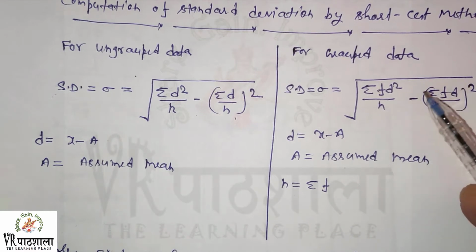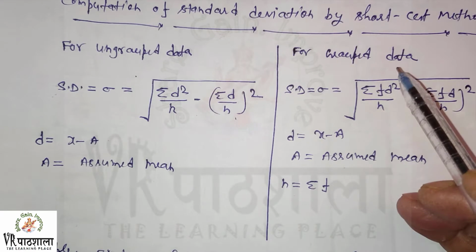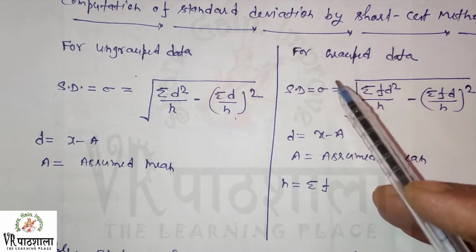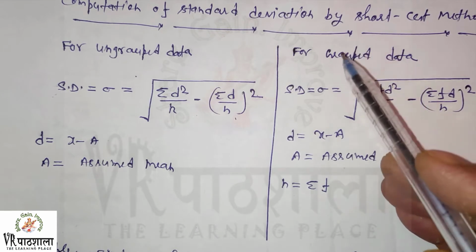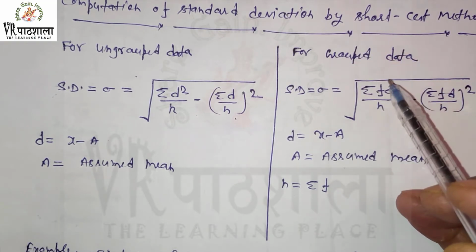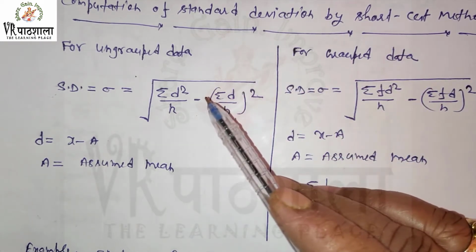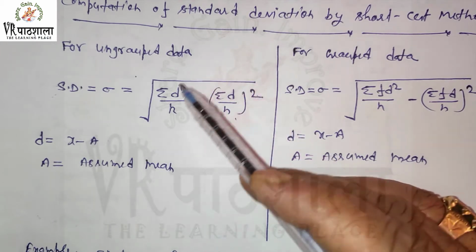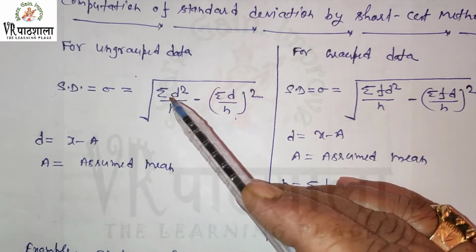For grouped data, the difference between ungrouped and grouped data is that grouped data has frequency. So if the frequency is given, then the data is grouped data. We can easily find the formula from the ungrouped data formula. In the terms that have a summation sign, we introduce f.